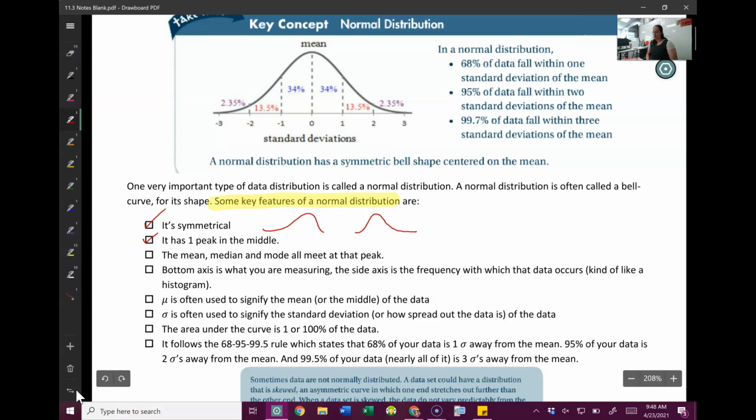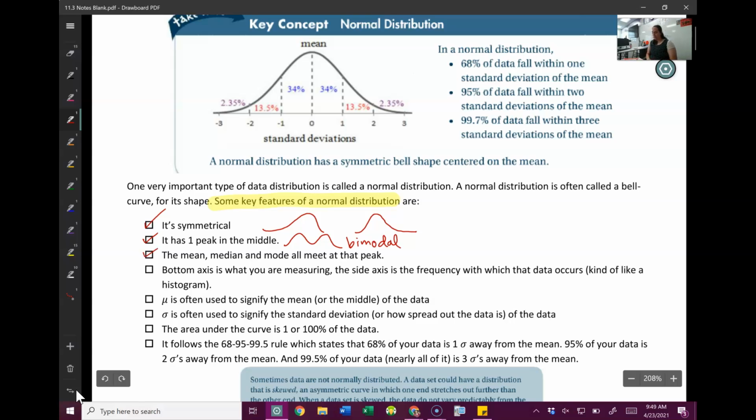Next, it has one peak in the middle, and it's always one peak. If it has more than one peak, like that, that would be what we would call a bimodal graph. But normal distribution is not bimodal. It is singular modal.